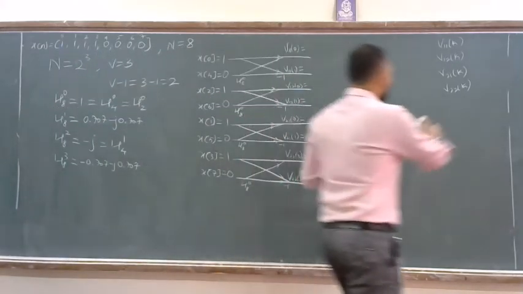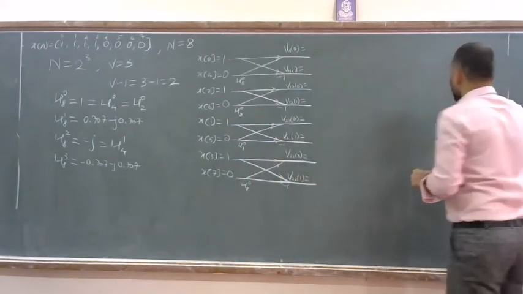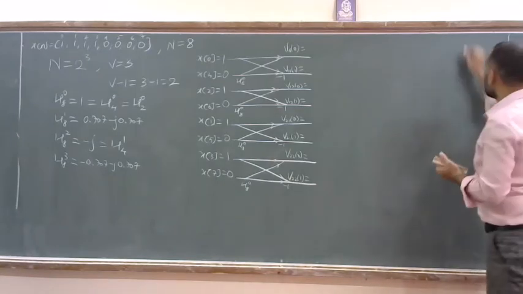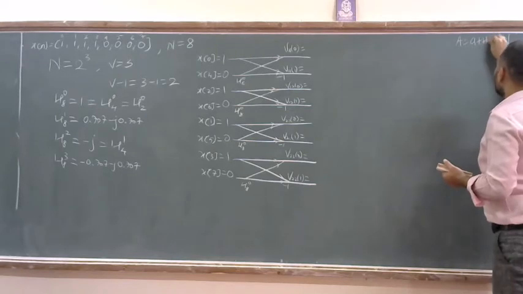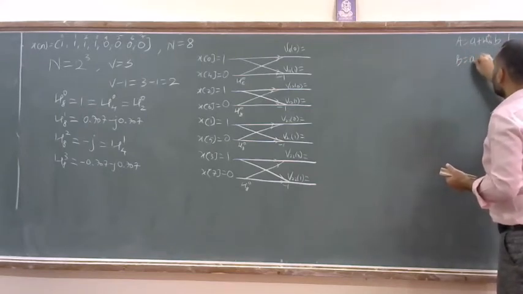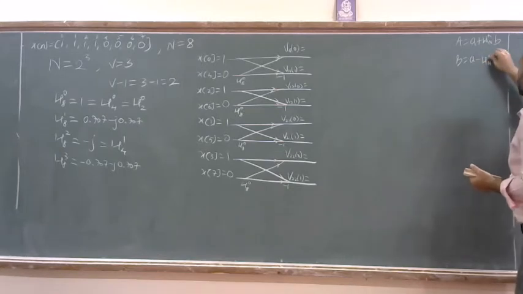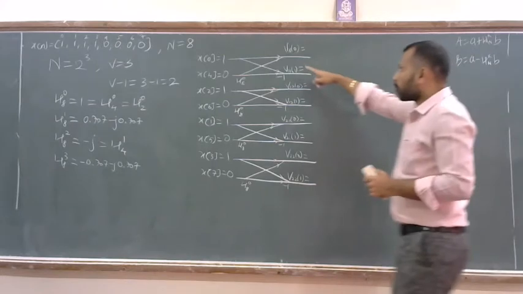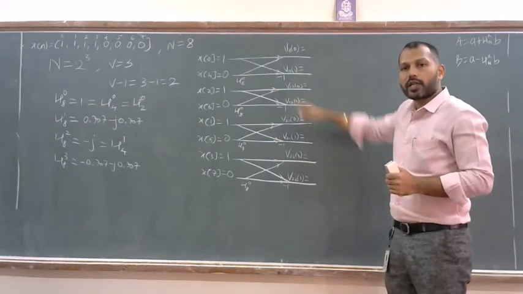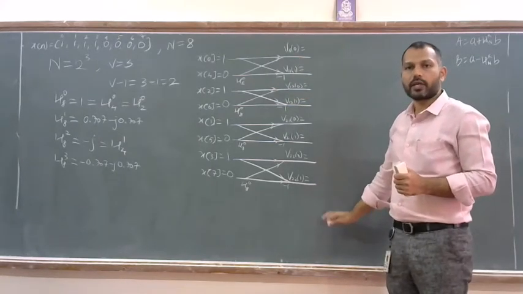Now these values are calculated based on this equation itself. Capital A will be A plus W_N^r into B, and capital B will be A minus W_N^r into B. Now these are the two generalized equations. Based on this, the upper point in the butterfly structure and lower point in the butterfly structure will be calculated.